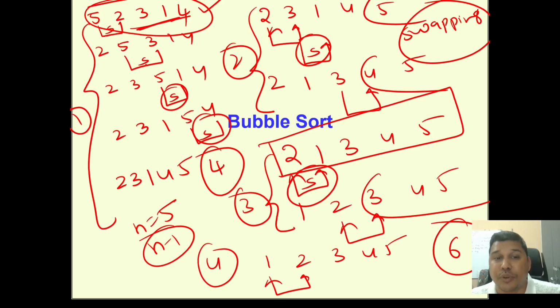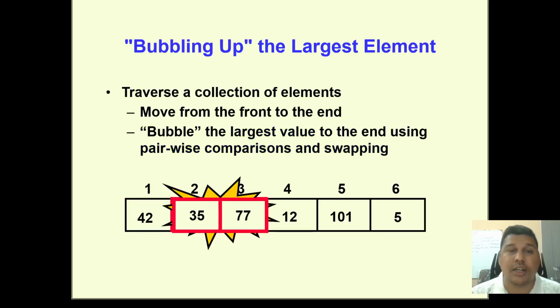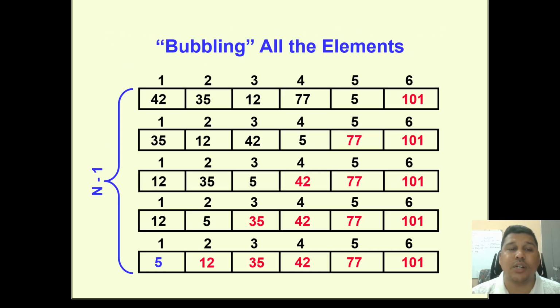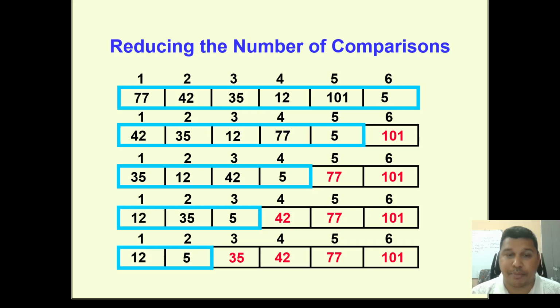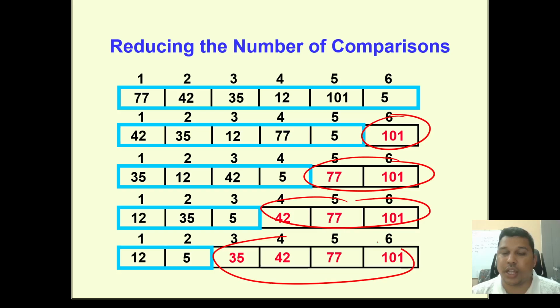That is one very important question, right? So please practice this kind of thing. On the internet, a lot of questions of this model are available. So this is about bubble sort and how it works. That's what, n minus 1 times. See, the first time the largest reaches here, then the second time the second largest comes here, the third time it comes here, the fourth time the fourth largest.